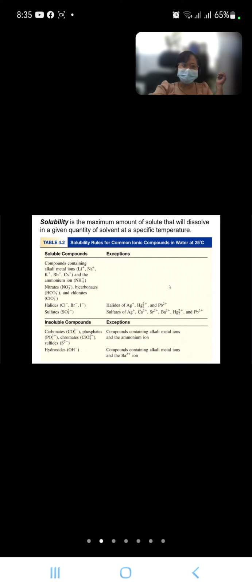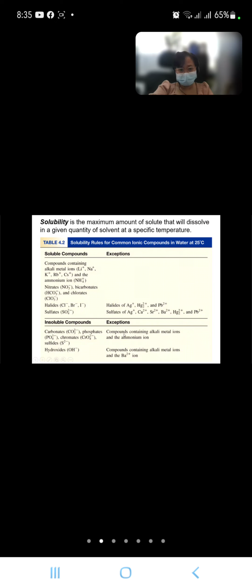Now, if there are soluble compounds, there are also insoluble compounds. The insoluble compounds are compounds containing carbonates, phosphates, chromates, and sulfides. But not all compounds containing these ions are insoluble. If these ions bond with alkali metal ions and ammonium ion, these compounds become soluble.